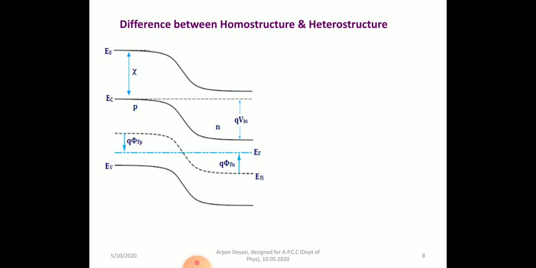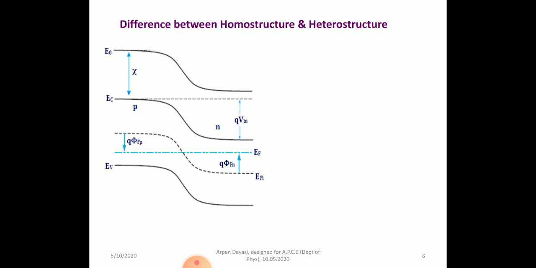Please remember, the difference of the conduction band or the difference of the valence band for a homojunction is called the built-in potential. And since on either side of the junction you have the same material, the electron affinity will be the same.